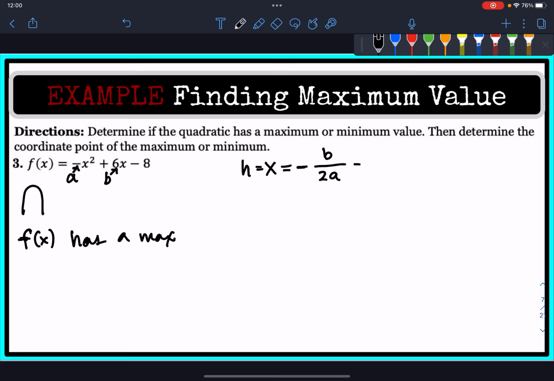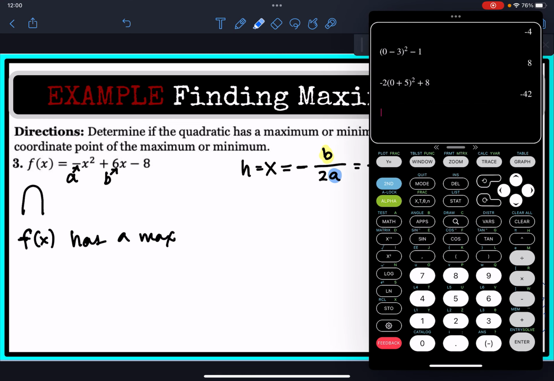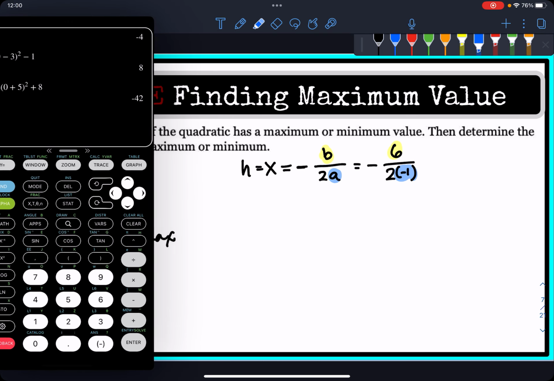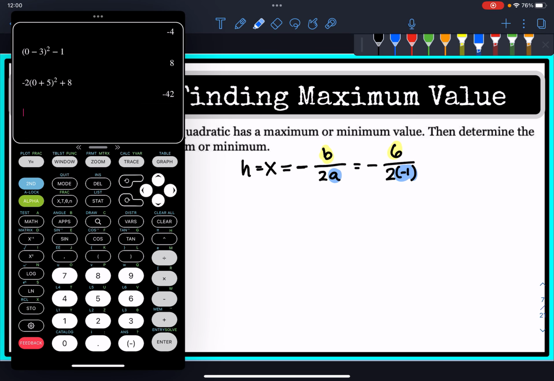So substituting in 6 and negative 1 for b and a, we end up with this. Now here we can just use our handy dandy calculator to get this answer.